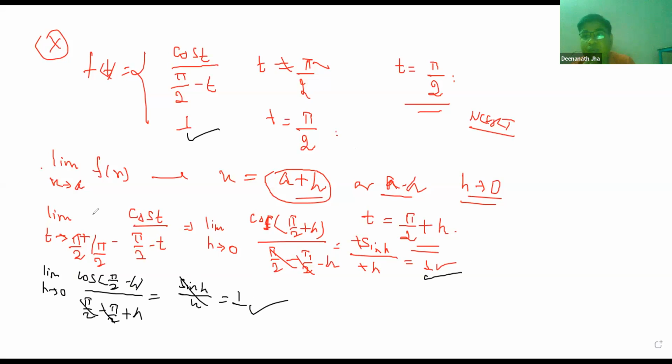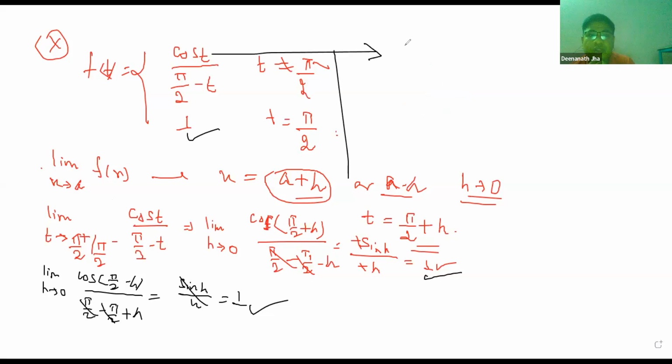So you have to write all of these parts in your board examination. But when you solve objectives or for JEE, then you have to note this part. Just write down cos t sin(pi by 2 minus t) divided by pi by 2 minus t.